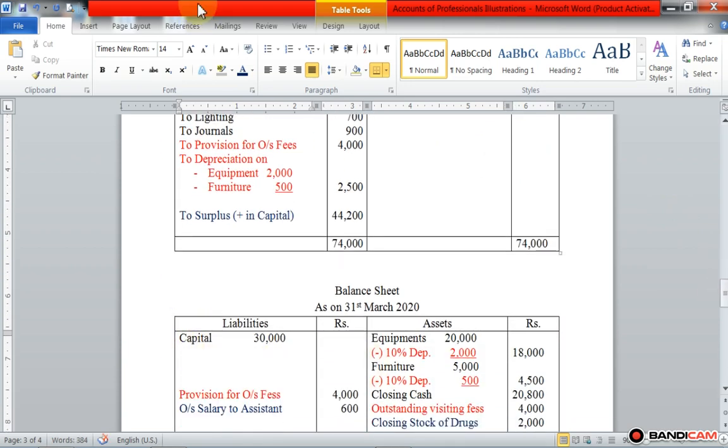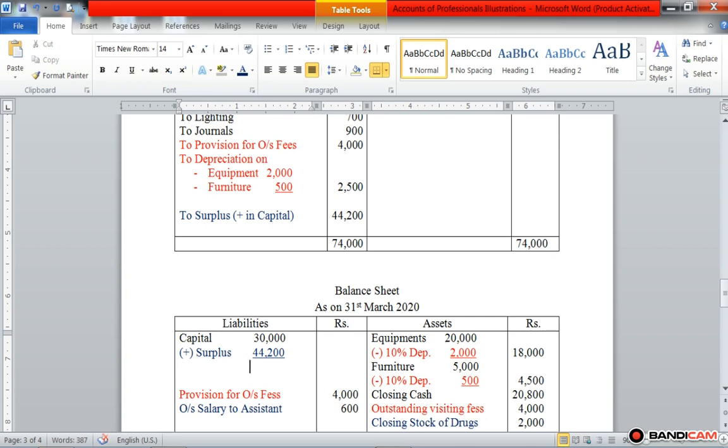Surplus is added in capital, amounting to rupees 44,200. Now make the total of 44,200 and 30,000 and put the total in the inner column, that is 74,200.